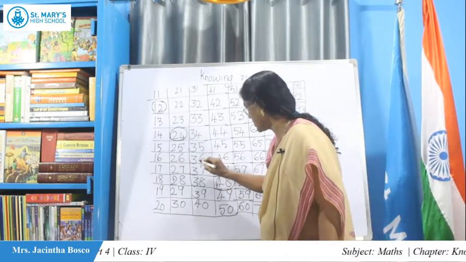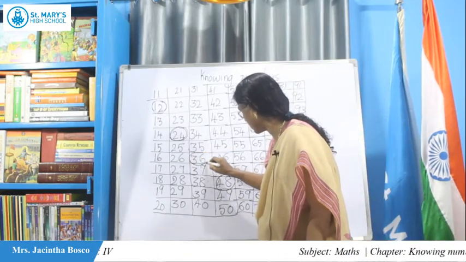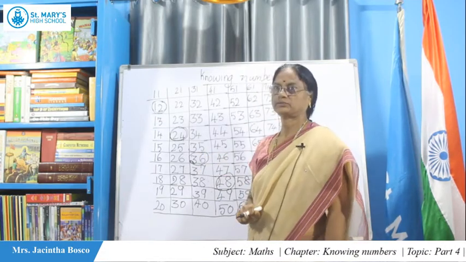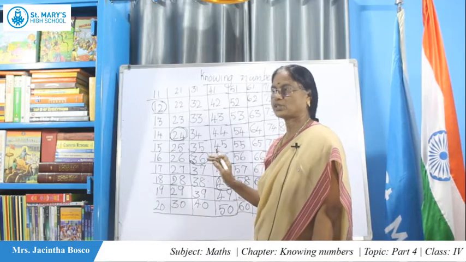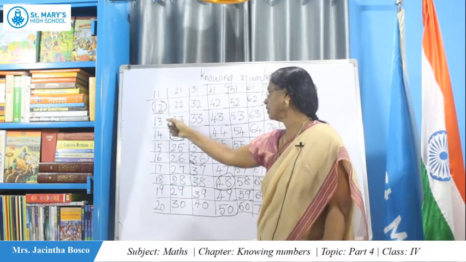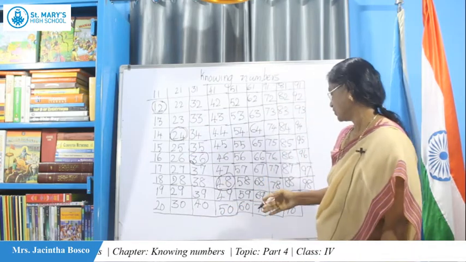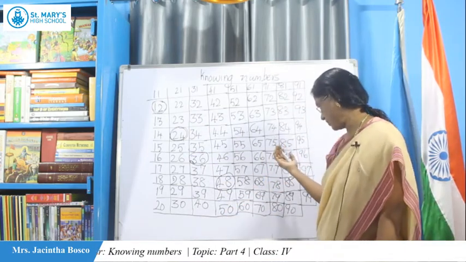Here 3, 6 also is a double number. How many numbers do you have? 12, 24, 36, 48. Do you get any other double number?